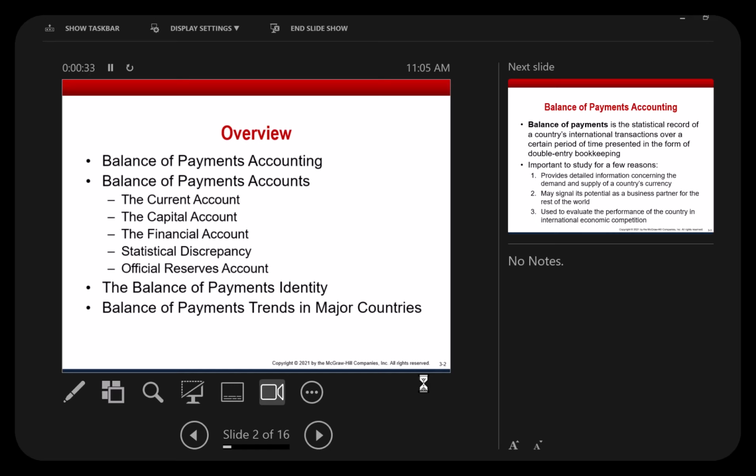You know how to do debits and credits. If you guys want, you can read it. But I want to spend time on balance of payments accounts, different accounts. What do they mean? Where is the balance coming from? You know, the so-called balance of payments identity. But we're going to spend more time on what sort of trends are there in major countries.